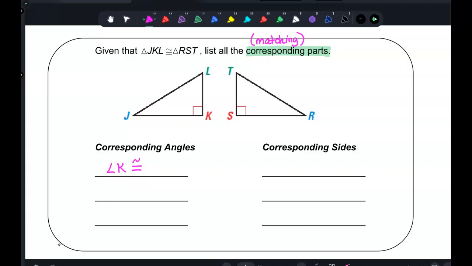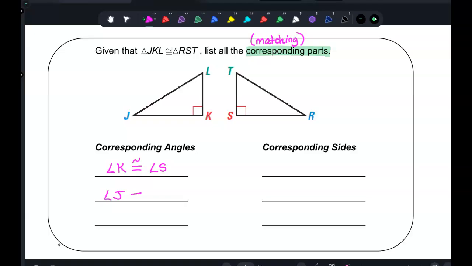S. Good. Also, if we look at the order of the letters in the triangle congruence, notice K is the middle letter. It has to correspond to the middle letter in this one. So the order that we have the letters here is important. So like J, yeah, so angle J.